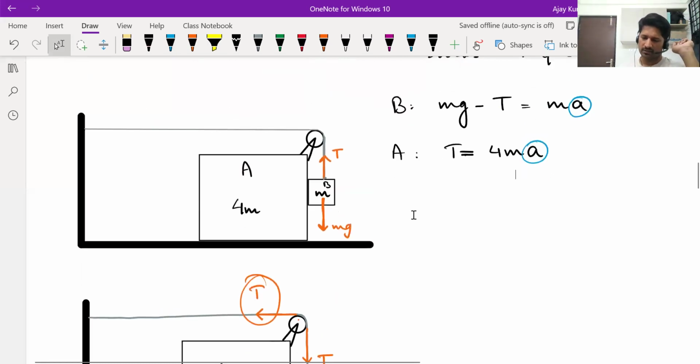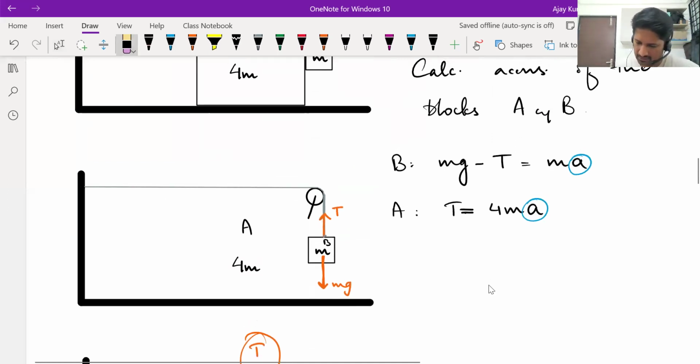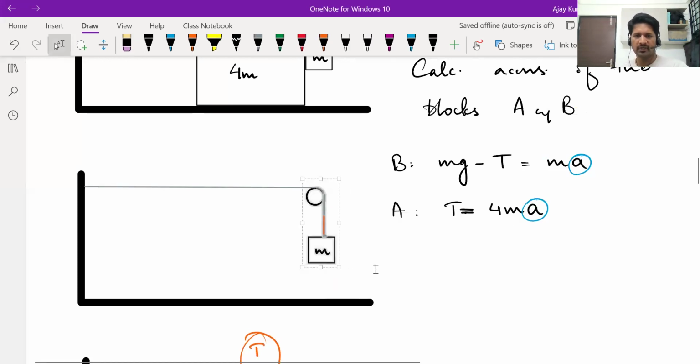Okay. You imagine, see, this is the initial position, we know that. I'll just show the pulley and the string. I'll remove the other parts of the system. This is the initial situation. A moment later, we won't be able to visualize, but let's take some significant displacement of the big block to the left.